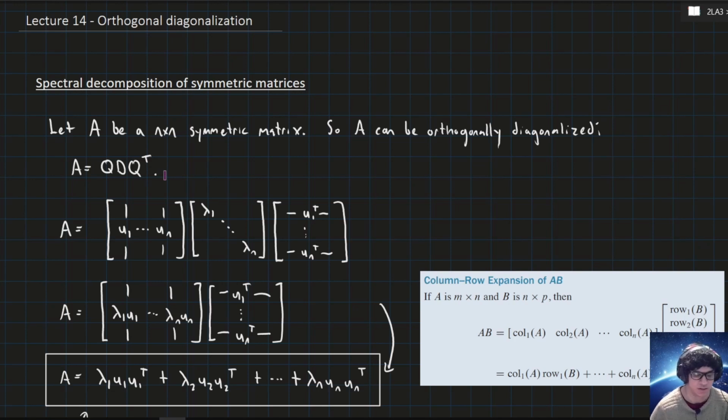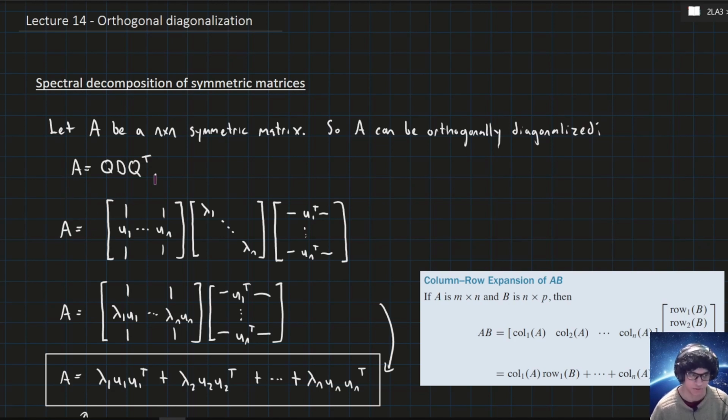There's another nice way to decompose a symmetric matrix A, and it's a way of writing it as the sum of certain matrices. What we'll show now is called the spectral decomposition of a symmetric matrix. If A is symmetric, then we know it has an orthogonal diagonalization.